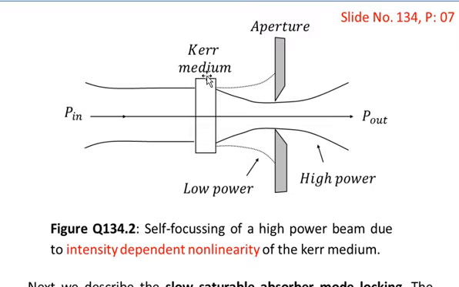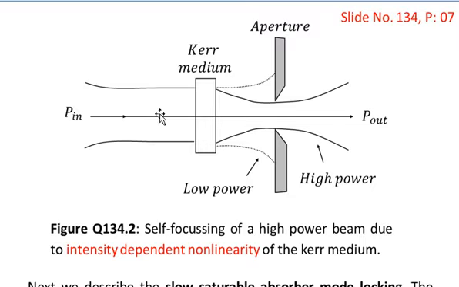So the Kerr cell, which works automatically, is actually a self-focusing of a high power beam. Only a high power beam, because we designed the Kerr cell only for a high power beam. The other beams which have lower intensities will diverge out and leave the cavity.